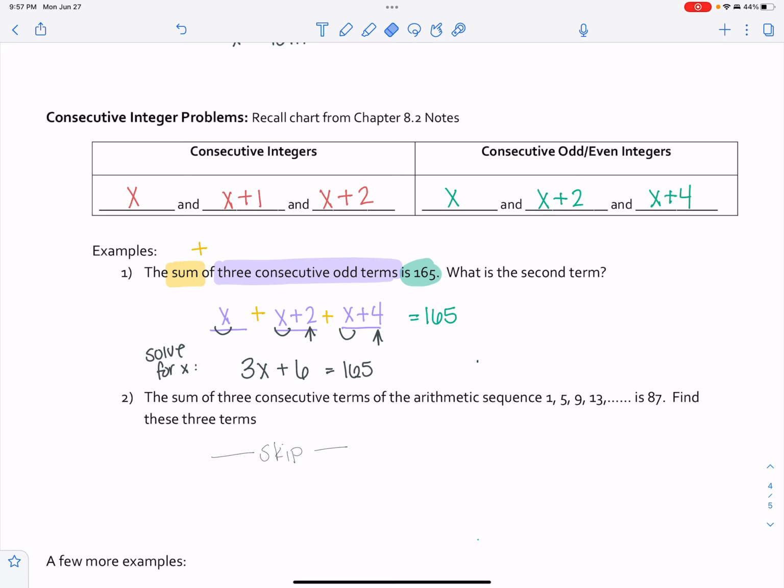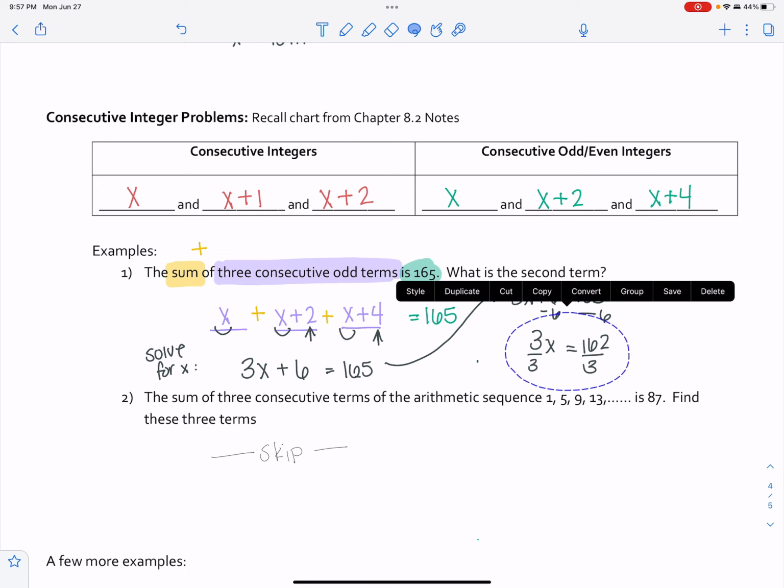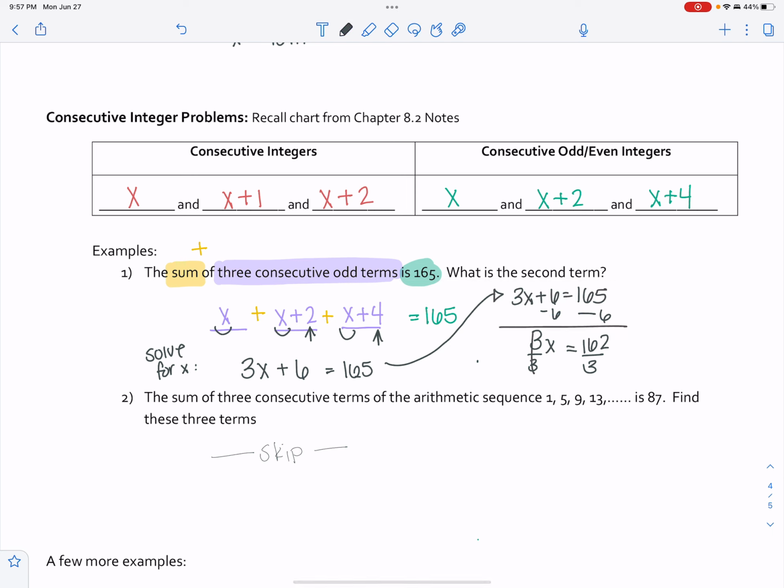I'm going to subtract 6 from both sides. I'm going to rewrite this. I'm going to subtract 6 from both sides and get 3x equals 162. Divide by 3, divide by 3. And then my final answer will be x equals 54.